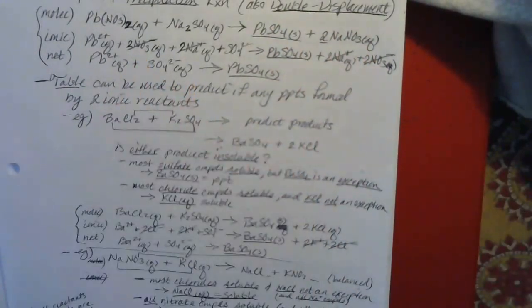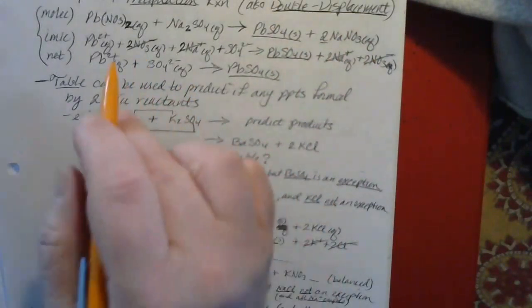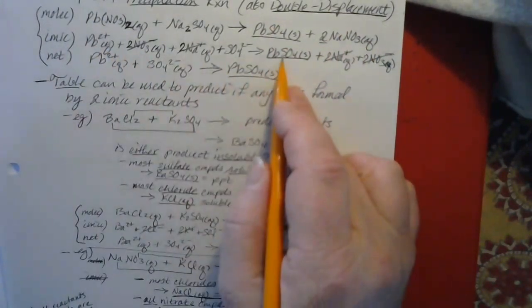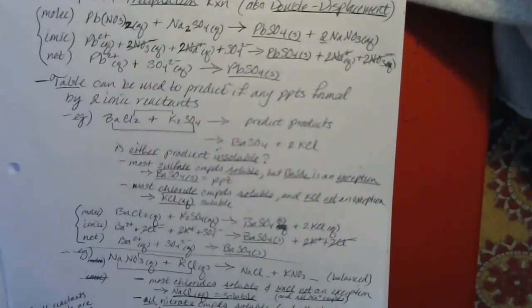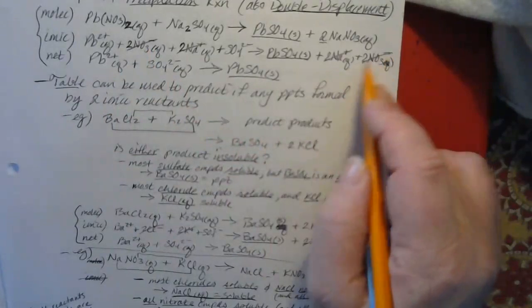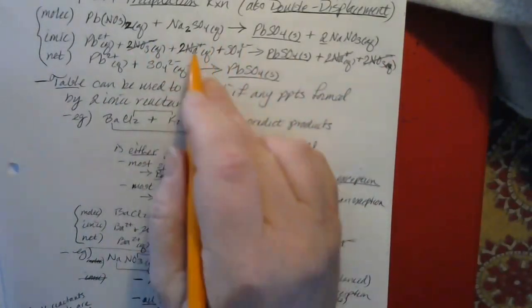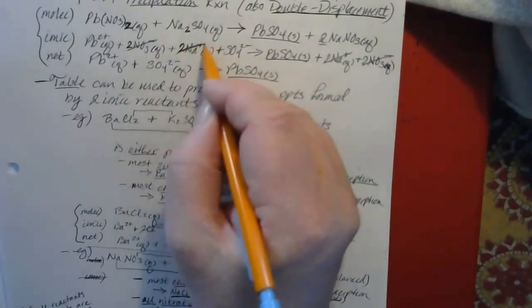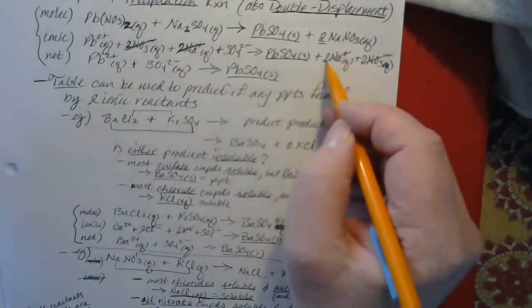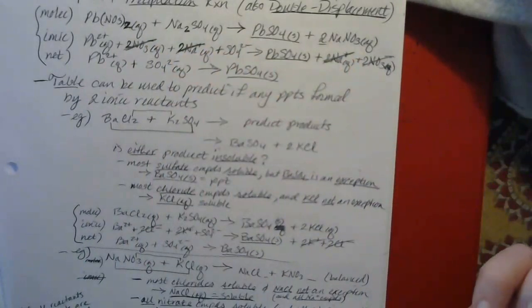And when you come through and look for spectator ions, you'll see lead ions come out as part of lead sulfate. That's a change, so you can't cancel them out. But the 2 NO3 minus ions come out exactly the same as they went in. So they're spectator ions and they can be canceled. The same with the sodium ions. They come out as 2 Na plus, just like the way they went in.